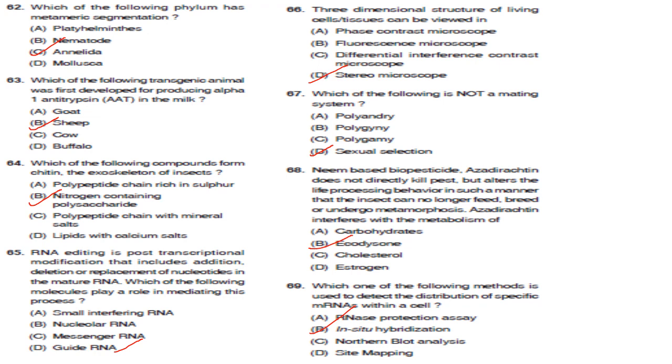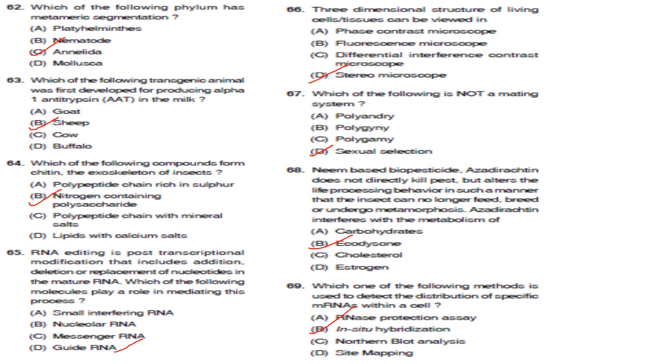And sexual selection is a mode of natural selection in which members of one biological sex choose mates of the other sex to mate with, and also they compete with the members of the same sex for access to the members of the opposite sex. That is sexual selection. So which of the following is not a mating system? It is sexual selection. Answer is option D.